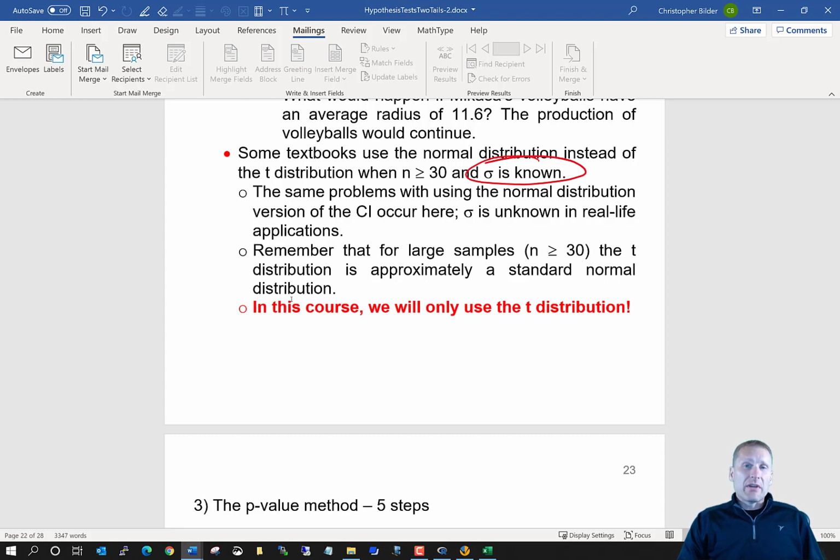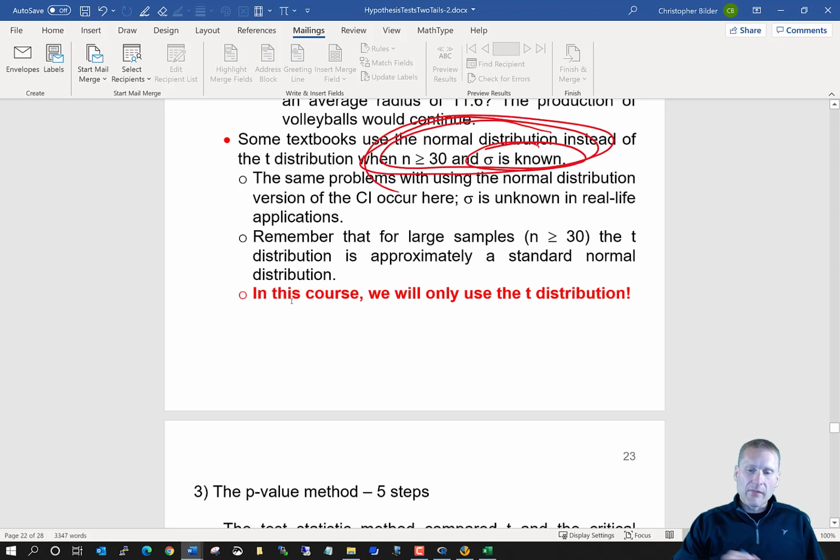And similar to how we discussed before, how a confidence interval, even if you don't have the underlying assumptions such as normality, in terms of your y1, y2, y3 have a normal distribution, even if that does not hold exactly, statistical research has shown that the confidence interval still works well in most cases. The same thing happens here with hypothesis tests. So it's just not worthwhile to go through this other particular case, even though you often see that in books. And again, we will only use the t-distribution. If you end up using the normal distribution for a hypothesis test, I will take off points.